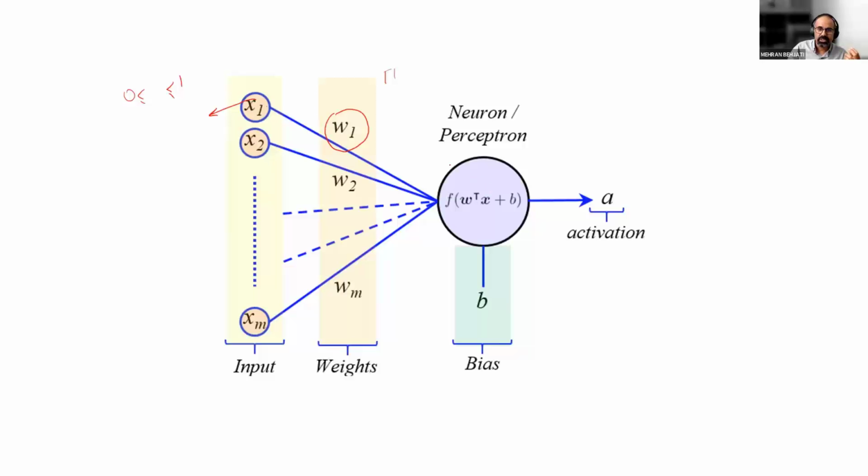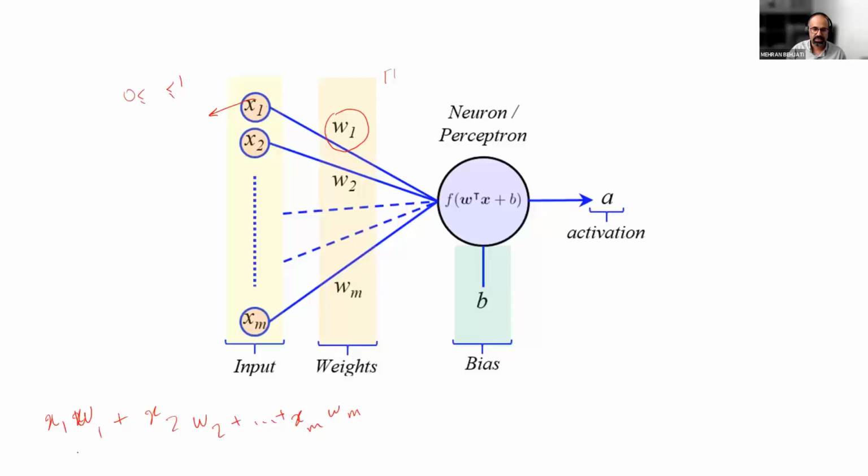As a first step, a neuron just starts to do some simple multiplications. For example, as you can see here, it multiplies x1 by W1, and for the second one, and up to the last one.